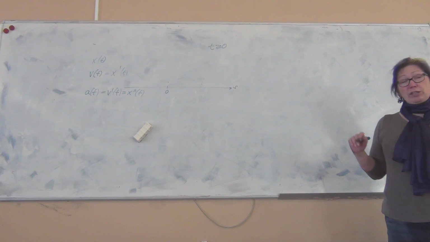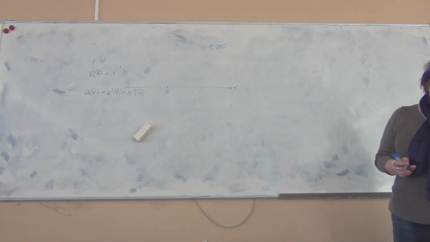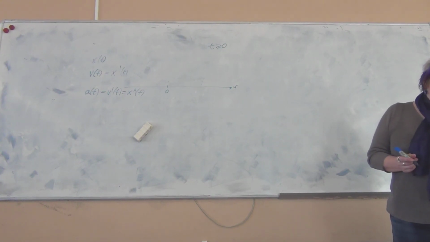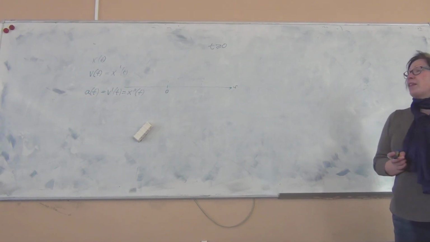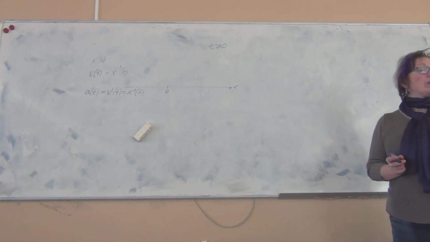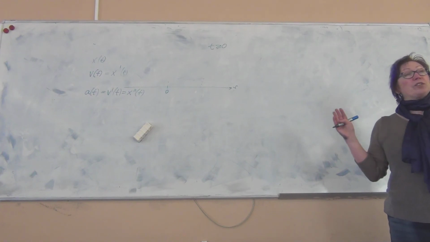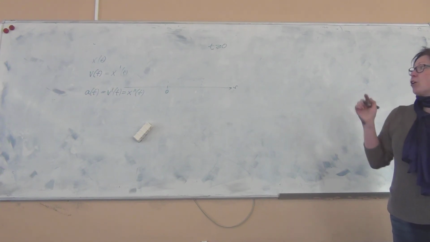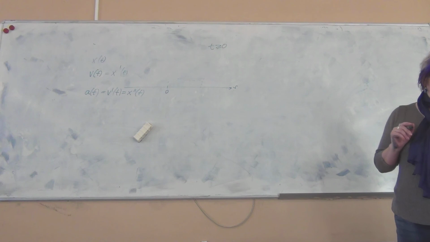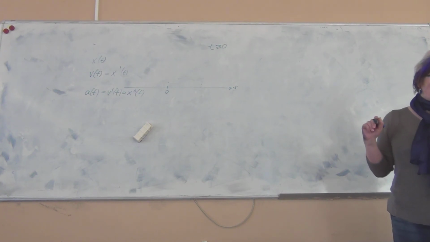But what about the definite integral? What about the boundaries of integration? That would be the displacement, the difference of coordinates at the beginning of this motion and the end of this motion.